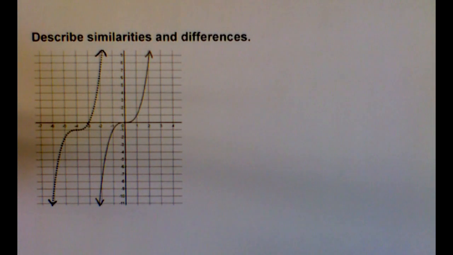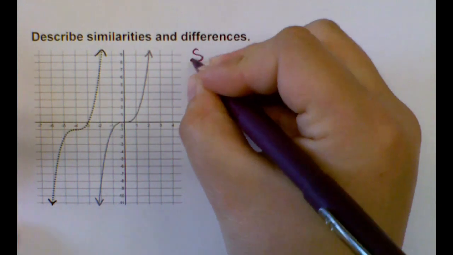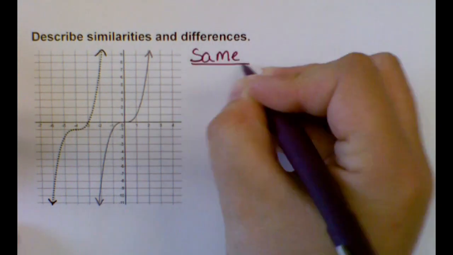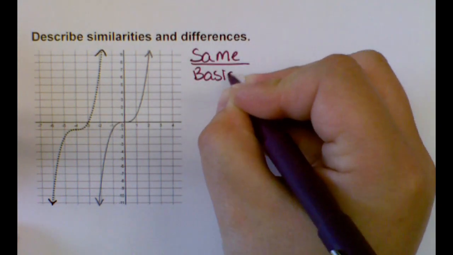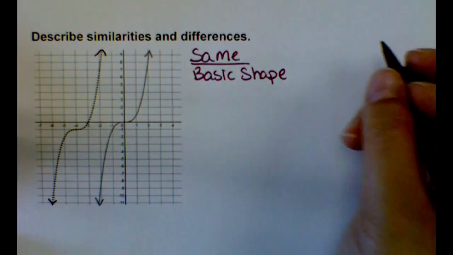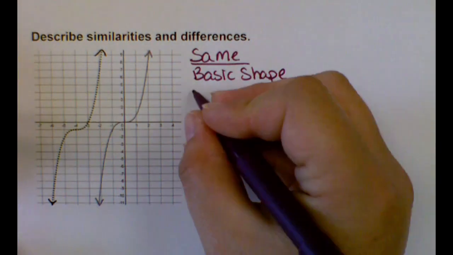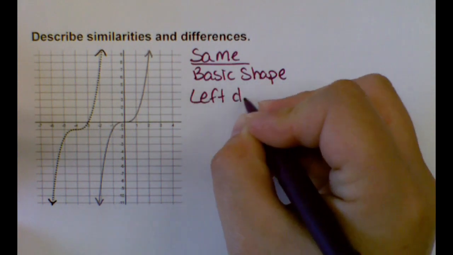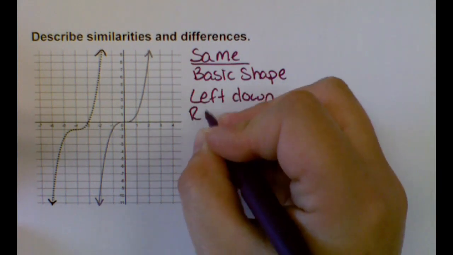And now we're just going to describe some similarities and differences. Similarities here. You notice they have the same basic shape. You'll notice the ends do the same thing. The left goes down, the right goes up. So left down, right up.